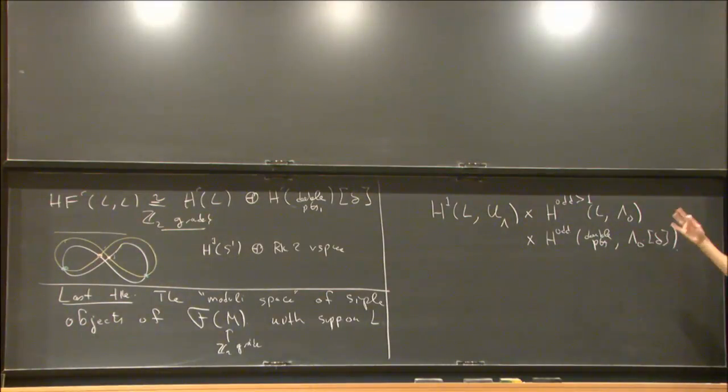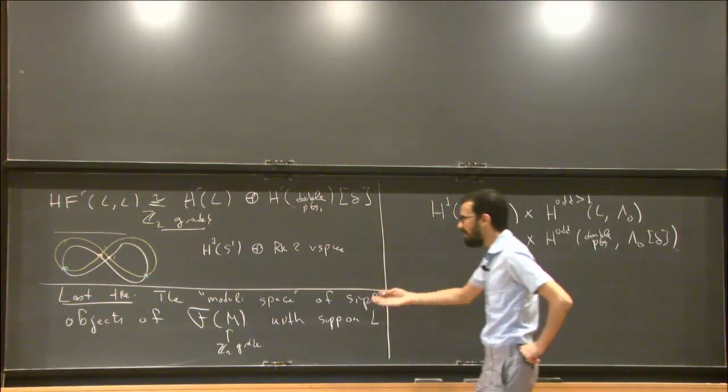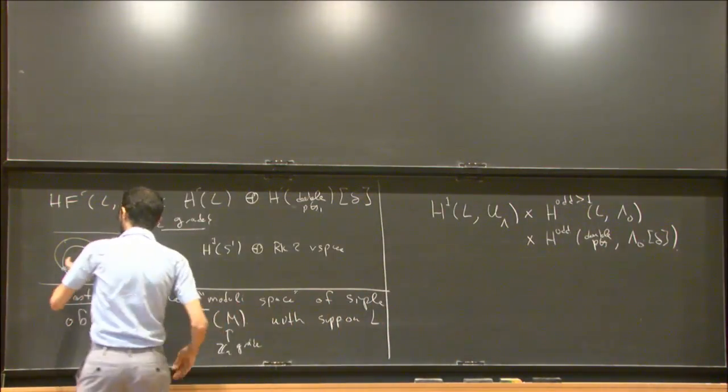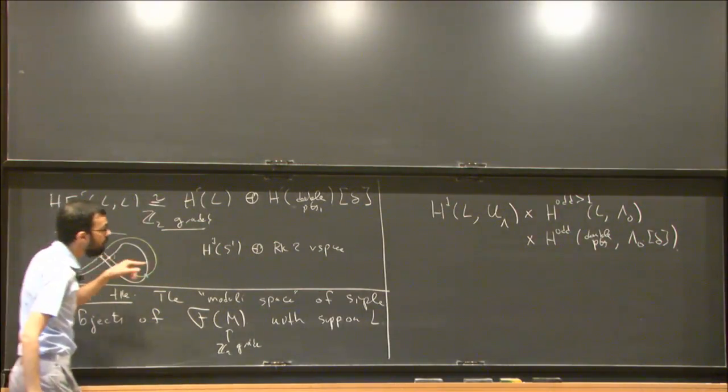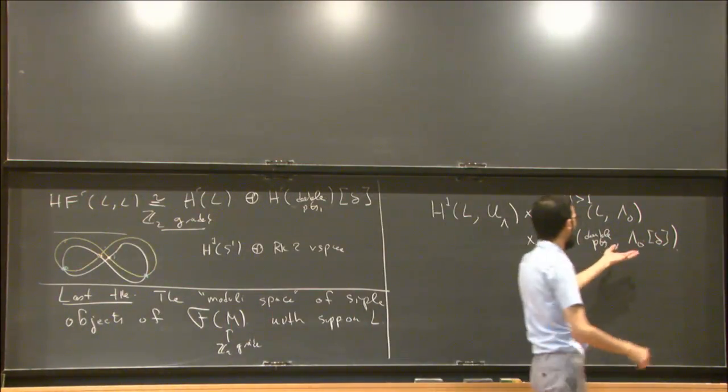Which means that if you have a double point that contributes to odd degree, such that the degree here is odd, then you get a copy of lambda 0 for that.